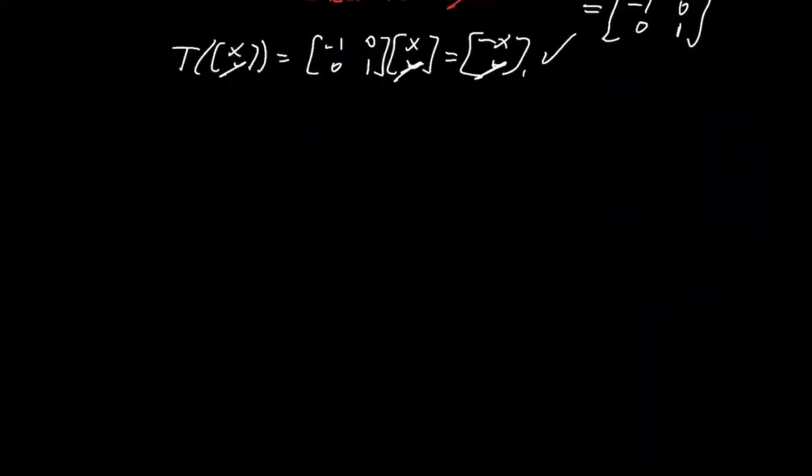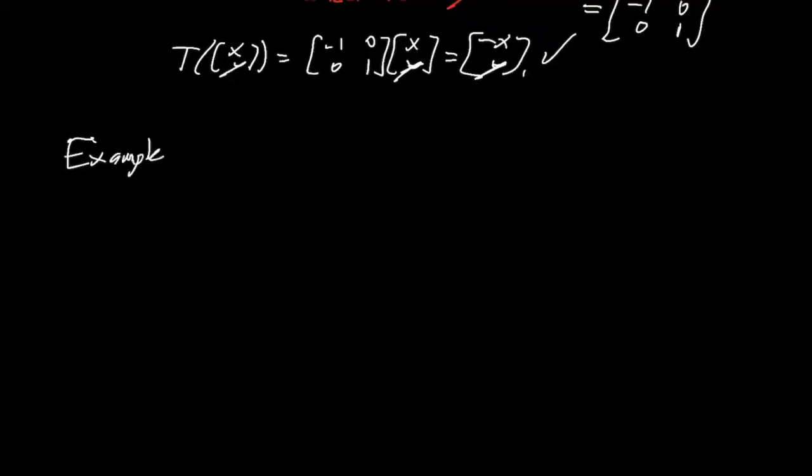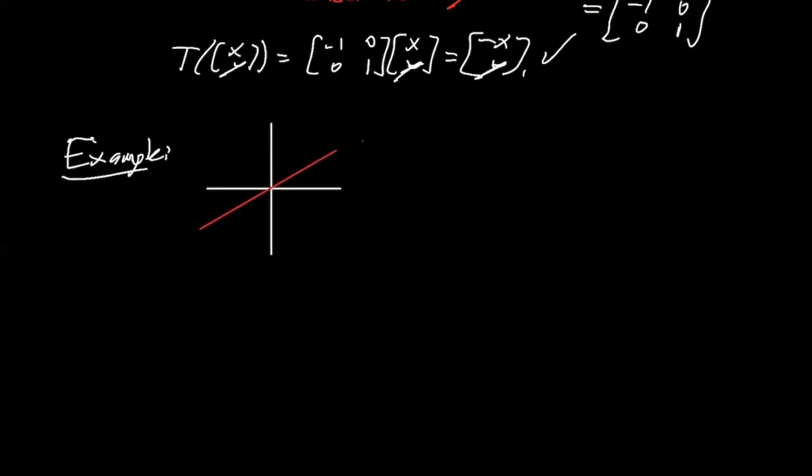So what if we did something like, it's an example, but it's a generic example. So let's do the plane again. And let's think about reflecting across, say, a line like this. Okay, so I want this to be the line of reflection.